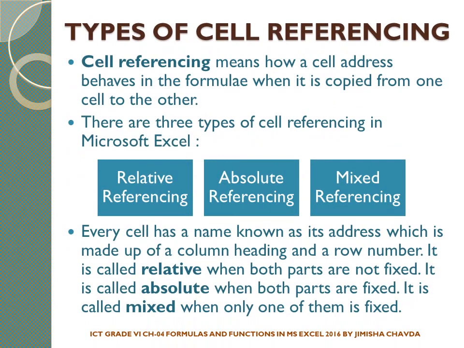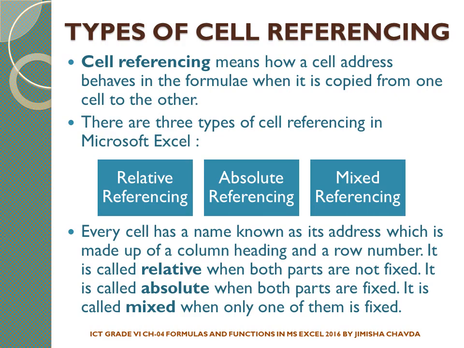Cell referencing in MS Excel. Cell referencing means how a cell address behaves in the formula when it is copied from one cell to the other. Basically, there are three types of cell references in Microsoft Excel: relative referencing, absolute referencing, and mixed referencing.